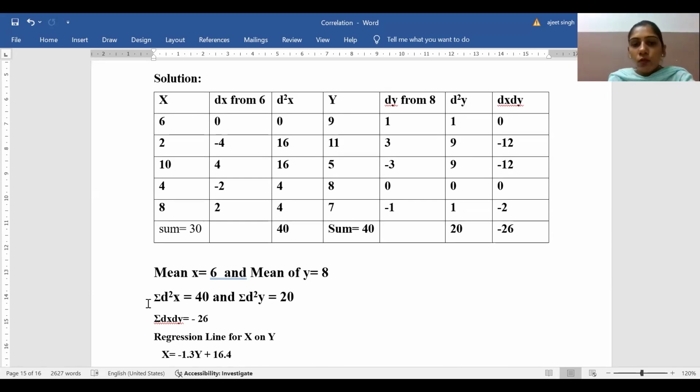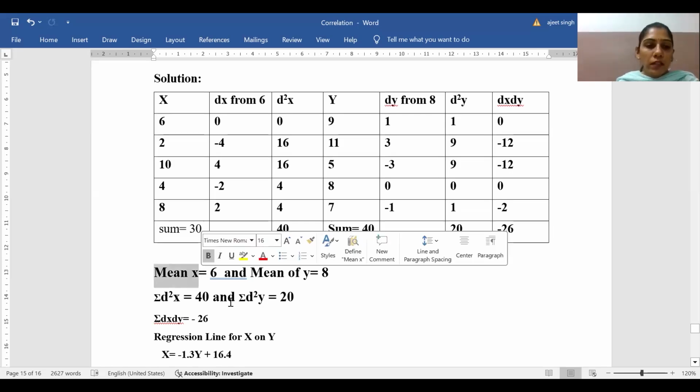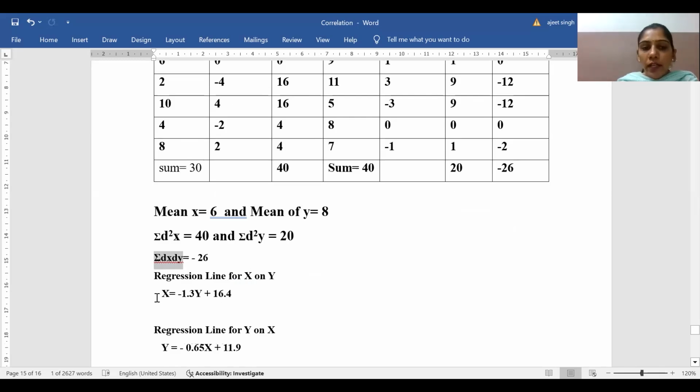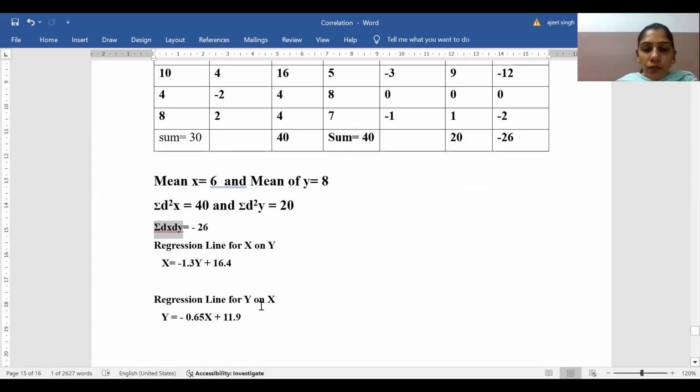So the total values we have calculated are mean x, mean y, summation d square x, summation d square y, and summation dx dy. Regression line for x on y is x is equal to minus 1.3y plus 16.4, and regression line for y on x is y is equal to minus 0.65x plus 11.9. So this is how we calculate the regression line.